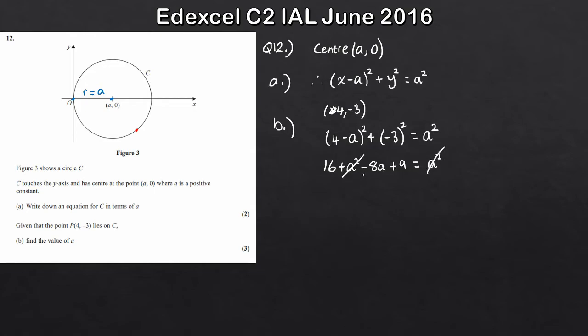So I've got 16 plus 9 minus 8a, so that's 25 minus 8a is equal to 0. And if we just solve for a here, we've got a nice linear equation. We get 8a is equal to 25. So in that case, a is equal to 25 over 8 then. And there we have it. So 3 marks for that. That's quite a nice one, I think, overall.